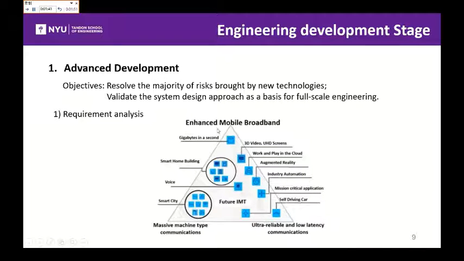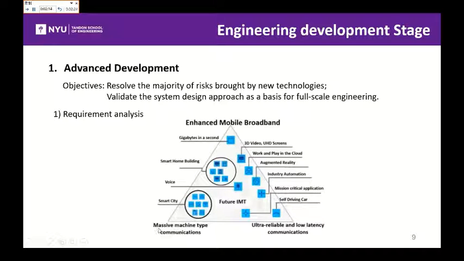First is enhanced mobile broadband. And this feature will provide 5G system the power to get a very high network speed and allow many users to use the network at the same time. So the speed could be as high as several gigabytes per second.